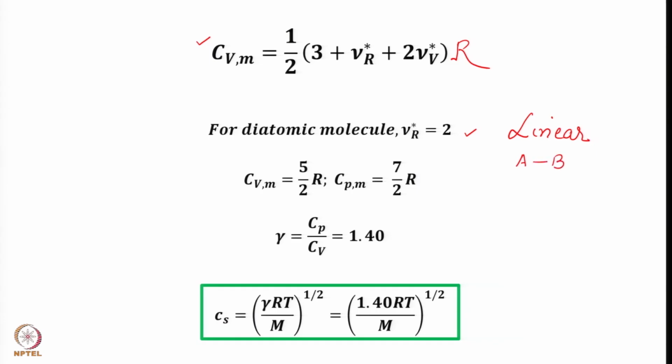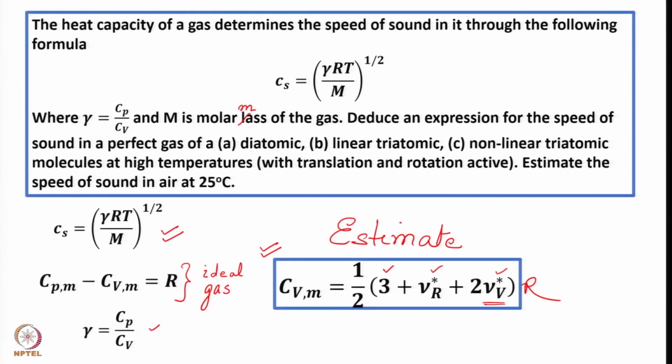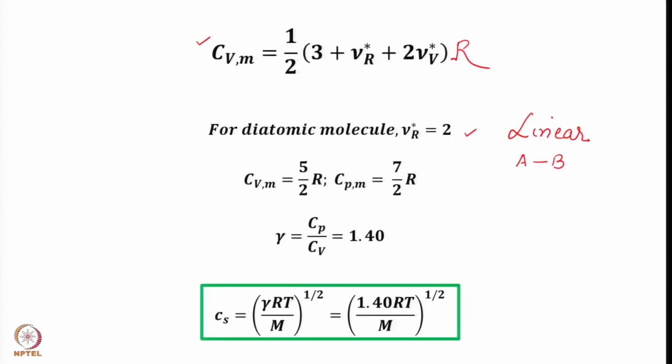Let us look at the statement given to us: only translation and rotation active. That means the temperature is not significantly high enough for the vibrations to become active. With this knowledge, translation is active, so we keep 3 here.